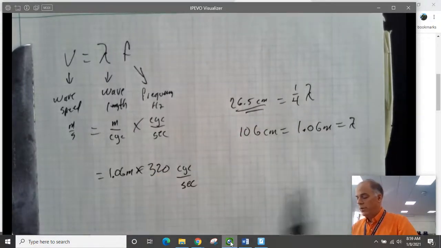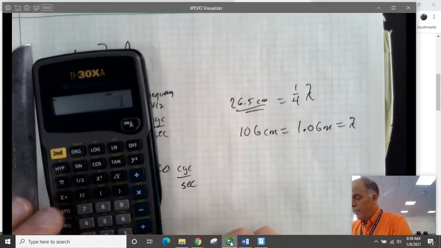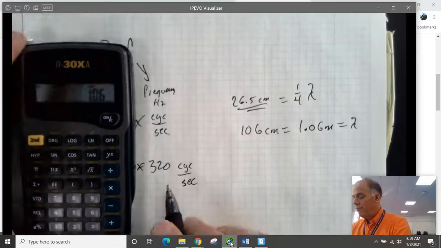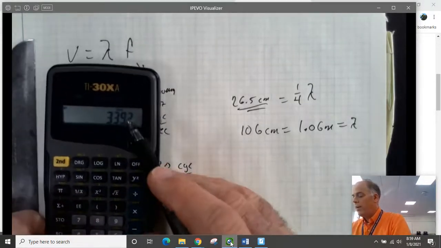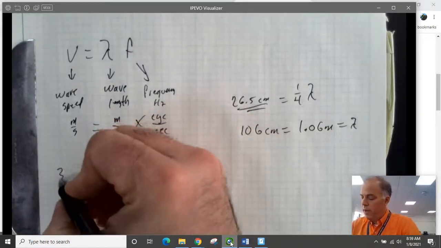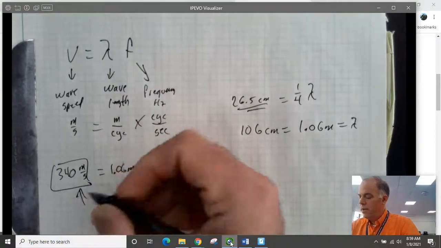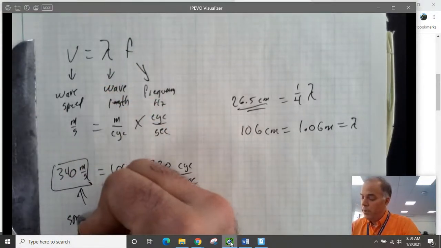So what, Mr. Robinson? Well, when we multiply these together, 1.06 meters, having divided by 100 to get meters, times the frequency, 320, we get 339, 340 meters per second. And that is the speed of the wave, which in this case is the speed of sound.